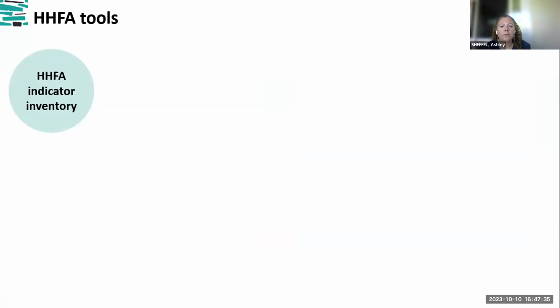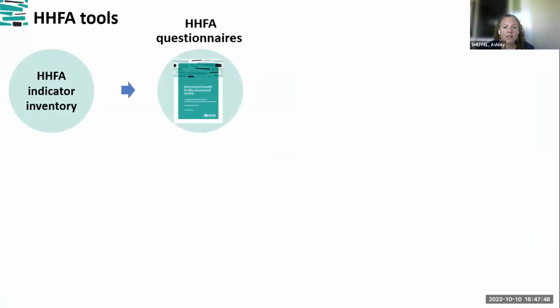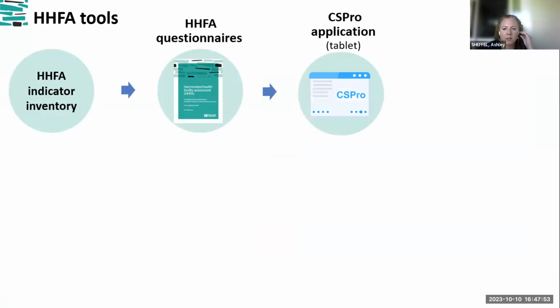Okay, so now to talk a little bit about the HHFA tools and how they're related. So we'll start with the indicator inventory, which is a repository of all of the indicators that can be collected with the HHFA questionnaires. Then we have the standard HHFA paper questionnaires, which have also been programmed in CS Pro, which is an electronic data collection platform, so that we can do data collection on tablets in the field.